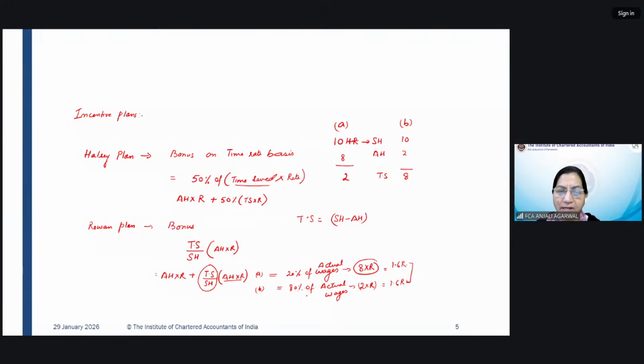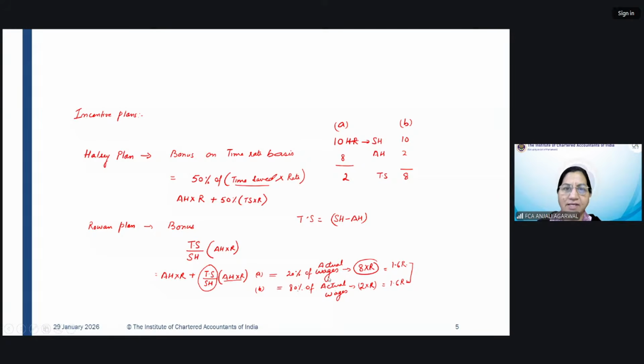So in a sense, it motivates the workers to work hard, to save more time, but at the same time, not at the cost of quality or deteriorating the material or the machines. So the workers also know that beyond a certain point, they will not get very much bonus. So they also keep increasing their output, ensuring that the quality is maintained.